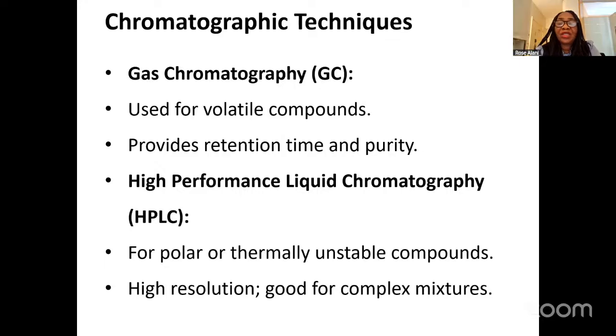It provides retention time and purity. And you have your HPLC, the high performance liquid chromatography. It's used for polar or thermally unstable compounds. It has high resolution and is very good for complex mixtures.